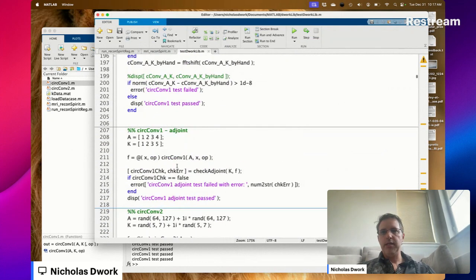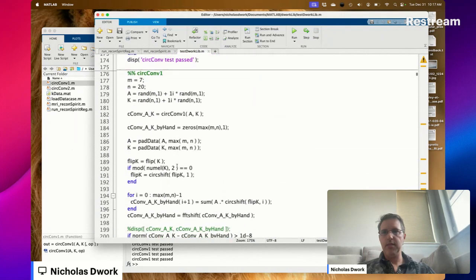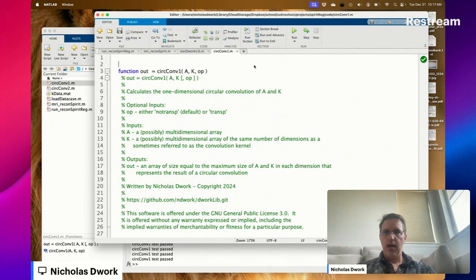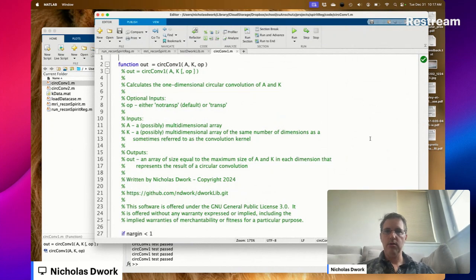So we won't commit the change in test dwarglib until we've completed cirtconv1 and put it into dwarglib.